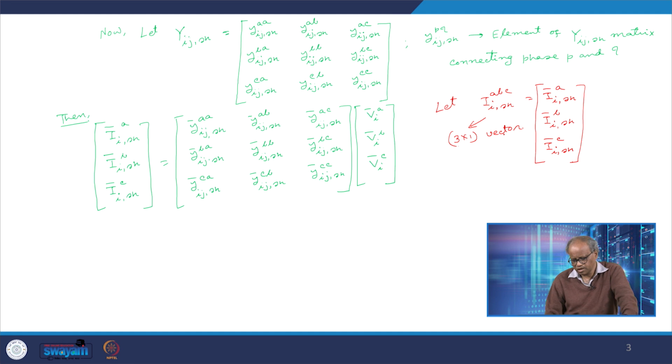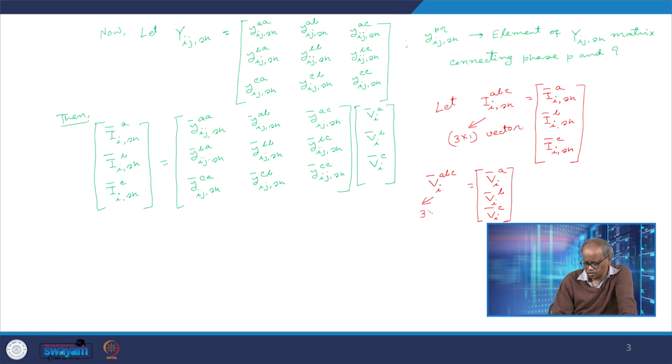Similarly, V_i ABC is defined as V_iA, V_iB, V_iC. This is also a 3 cross 1 vector.